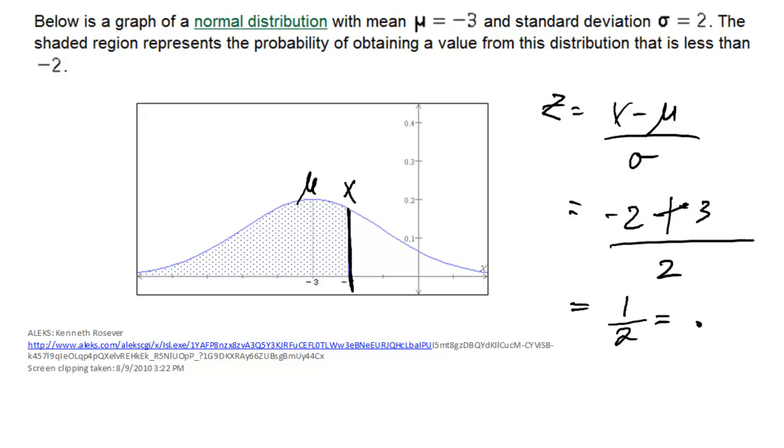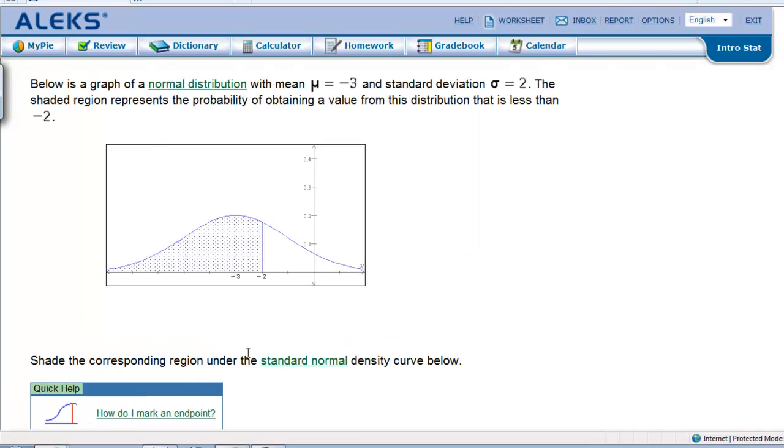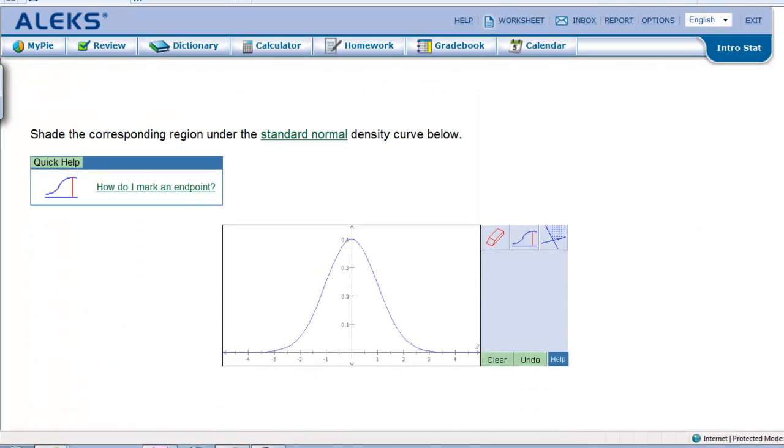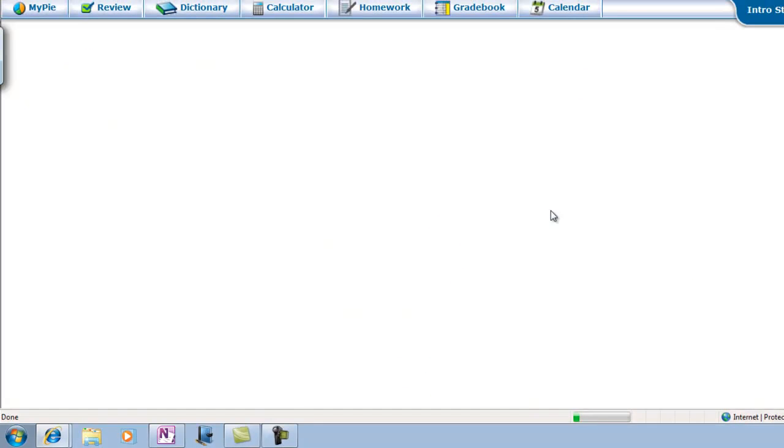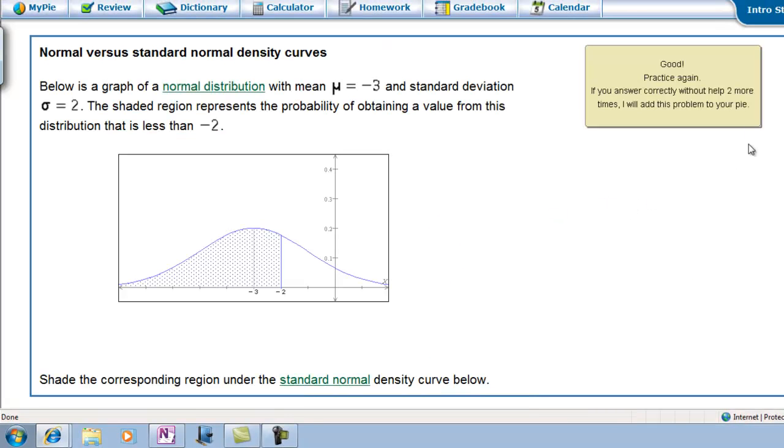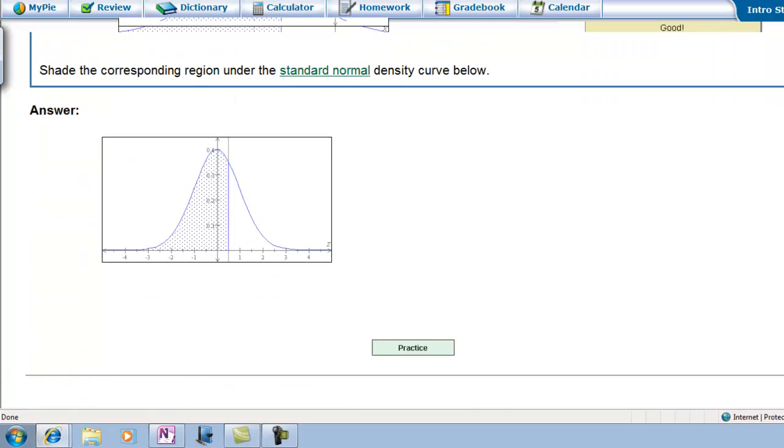So our answer for z is 0.5, our z-score. And going back to Alex, all we have to do now is put the line at 0.5. Did I say 0.4? I'm mistaken. And then shade to the left of that line. And that's it. It's very straightforward and easy. They said very good. So basically, when you standardize this, you get that.